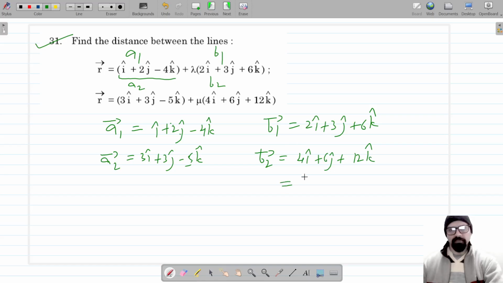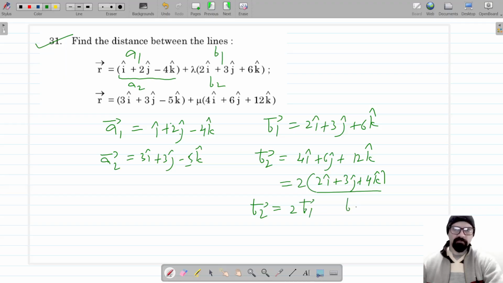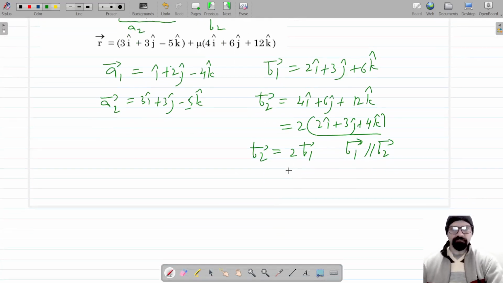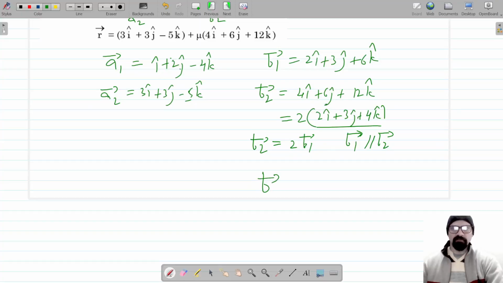Now this B2 I can write it as 2 into 2i cap plus 3j cap plus 6k cap, and this is the B1 vector. So B2 is 2 into B1 vector, so that means B1 vector is parallel to B2 vector. Now if they are parallel to each other, that means these lines are parallel, and let's write down the B vector. So this is the B vector, that is 2i cap plus 3j cap plus 6k cap.